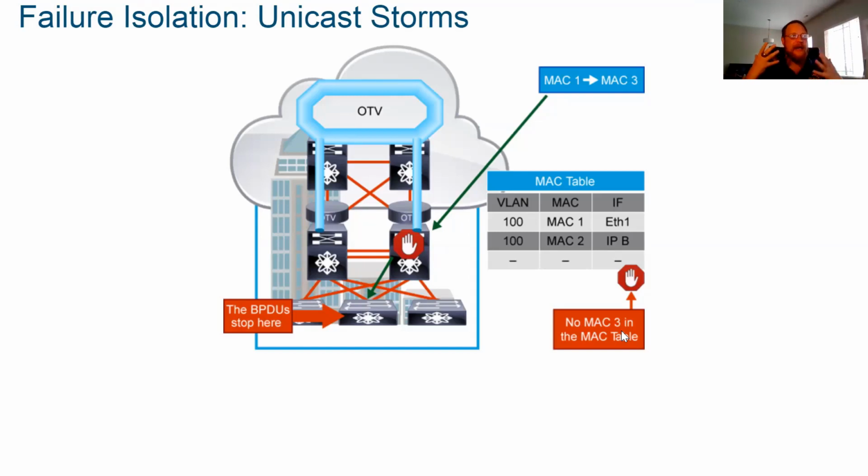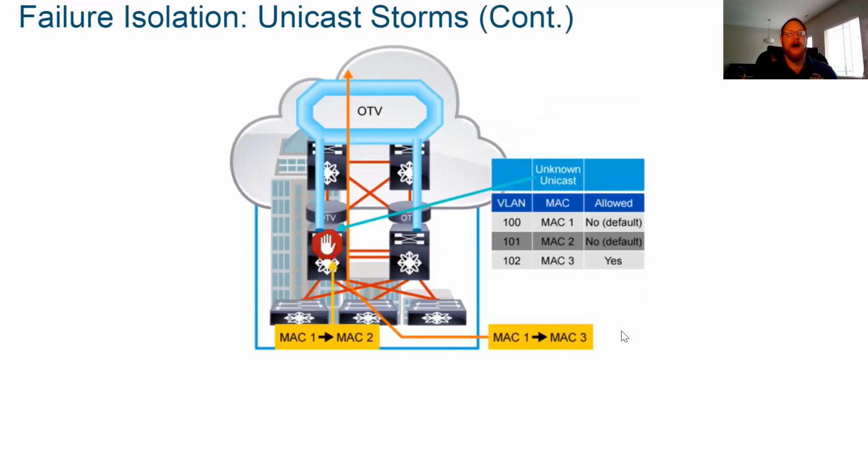Oh no, now I can't have DHCP. Well, we actually have something for that where you can create a static entry. Unfortunately, that's the only way that we can really deal with silent hosts right now with OTV: we build a static entry for the IP and MAC address for that DHCP server, so it never leaves the MAC table.